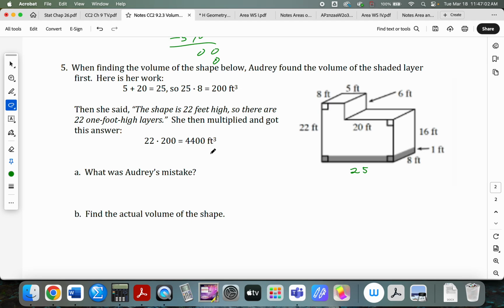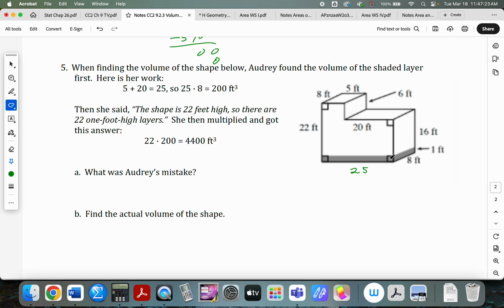Only, the 22 is only like a part, and then there's like another part that's shorter. Yeah, the two parts. There aren't 22 layers that have 200 little cubes in them, are there?